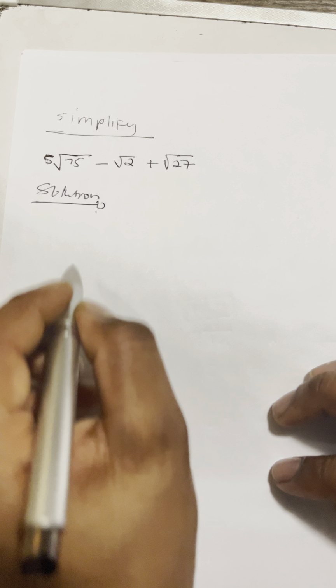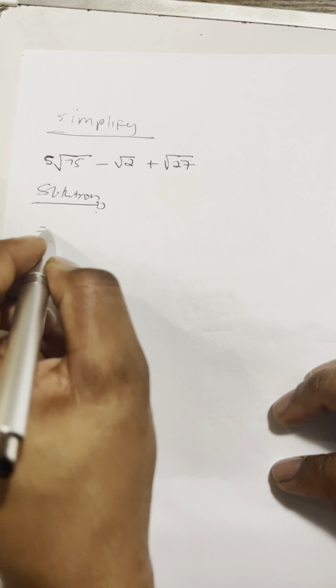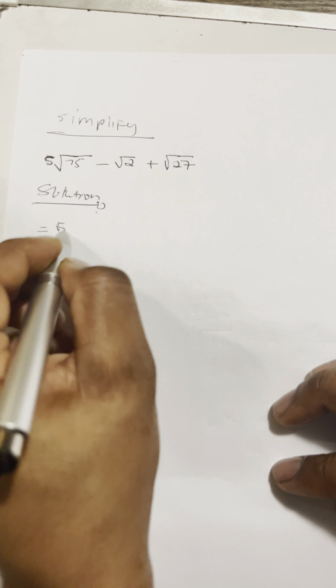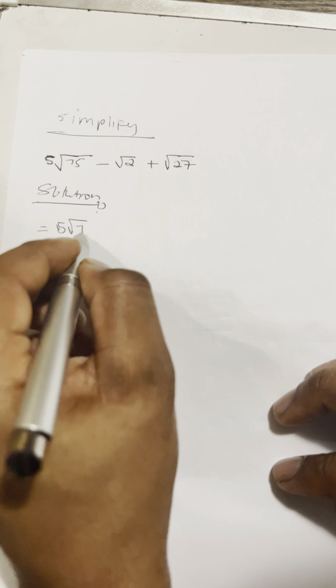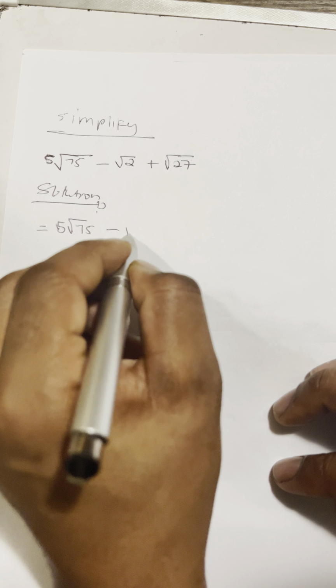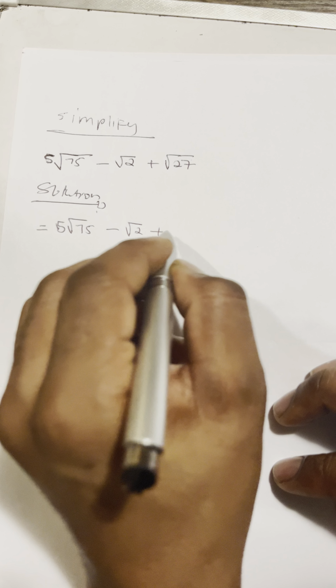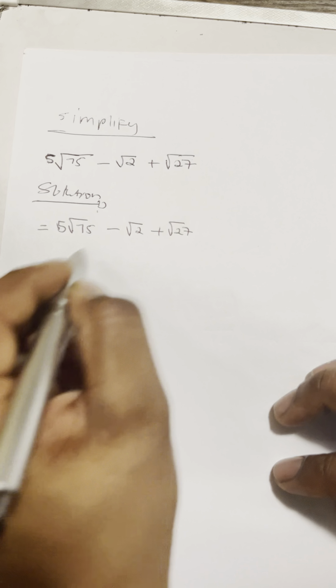Solution: 5 square root of 75 minus square root of 12 plus square root of 27.